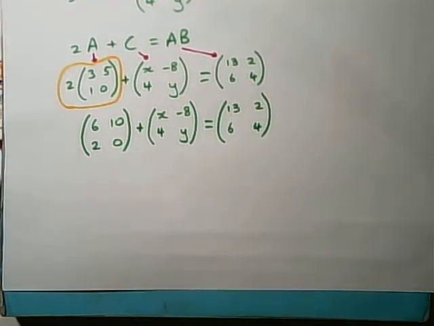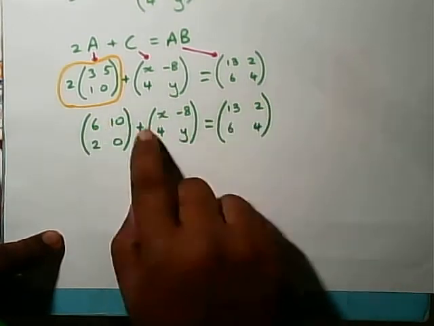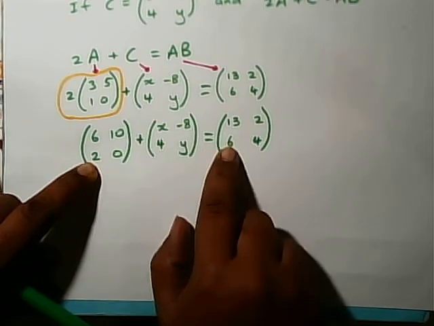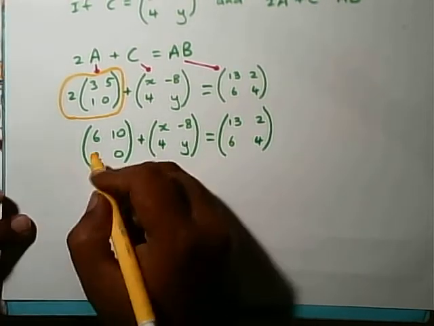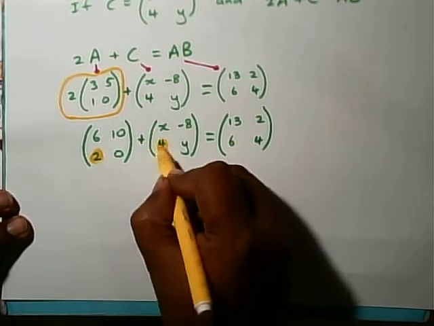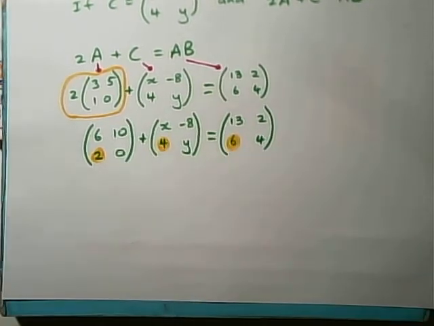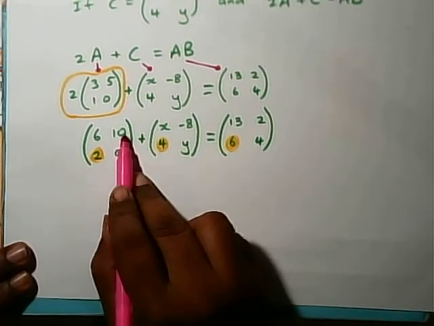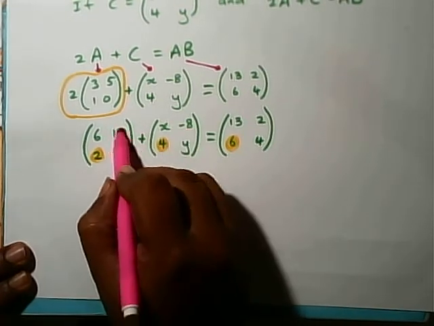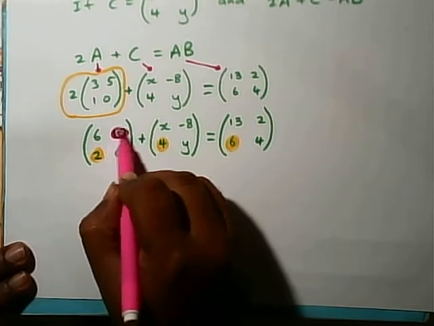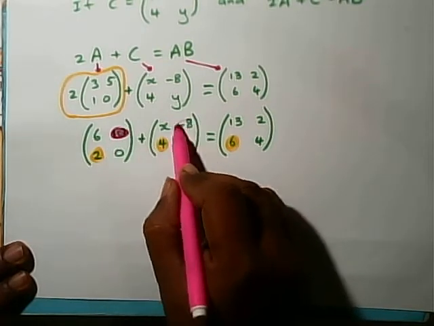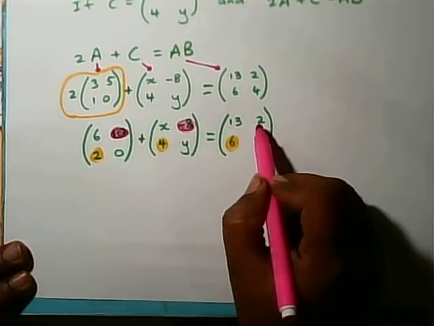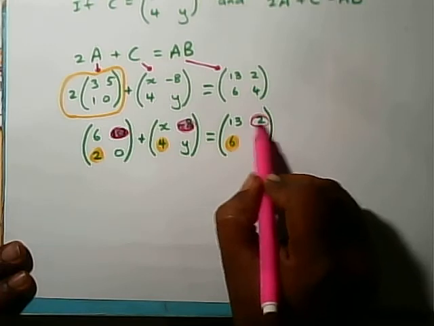So far, the corners are matching, right? 2 plus the 4 gives me 6. What about 10 add minus 8? 10 take away 8 is 2.